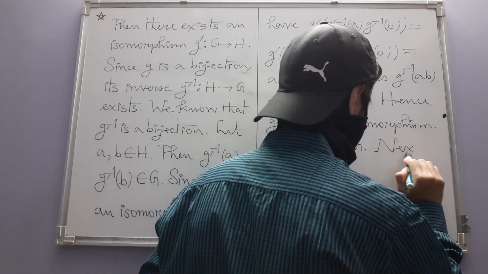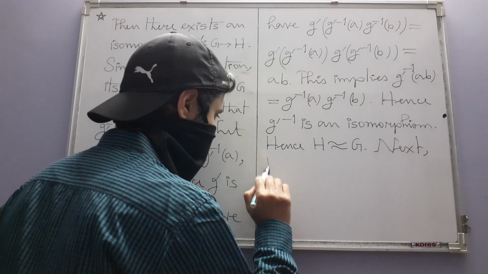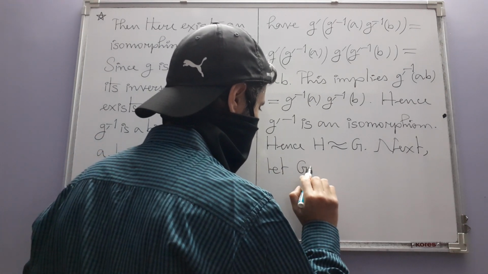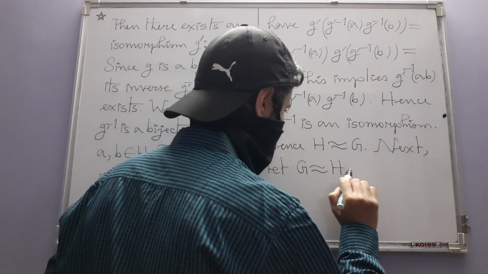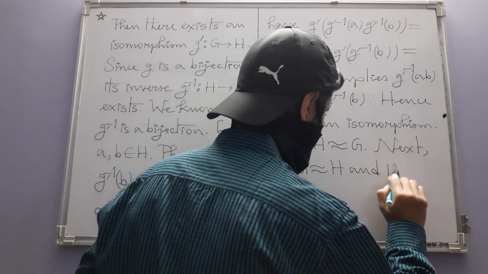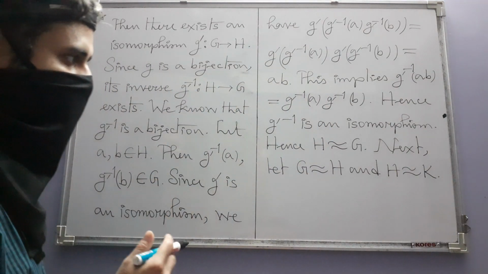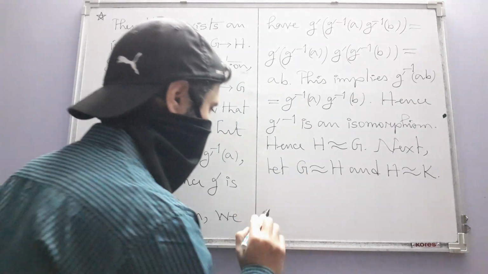Next, let G be isomorphic to H and H be isomorphic to K. So now we will get two isomorphisms.